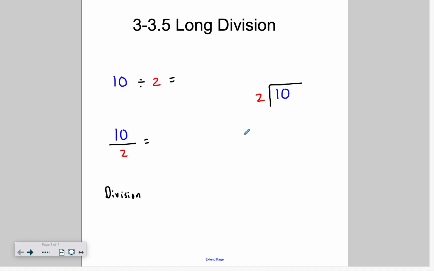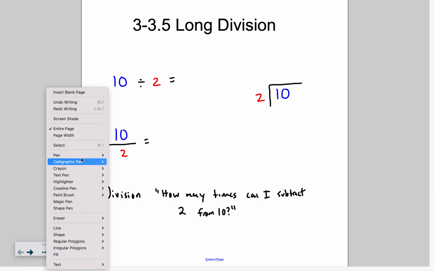And so this division problem we see here asks the question, how many times can I subtract 2 from 10? So it asks this question, how many times can I subtract 2 from 10?